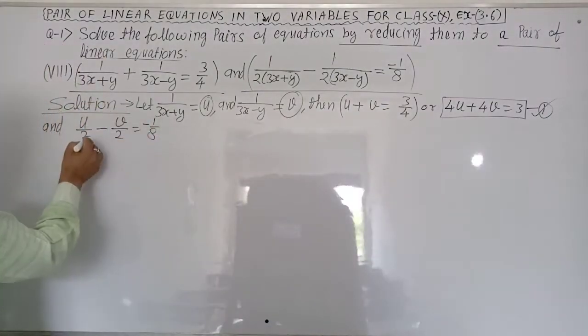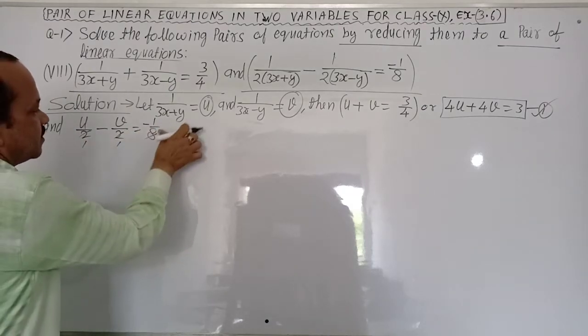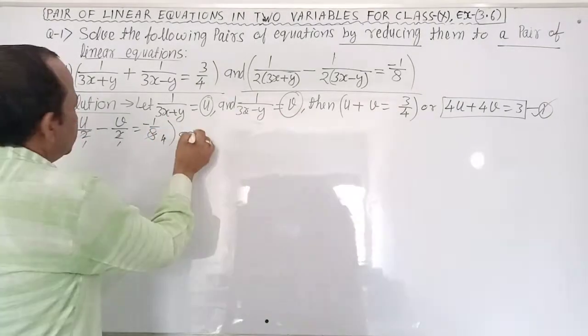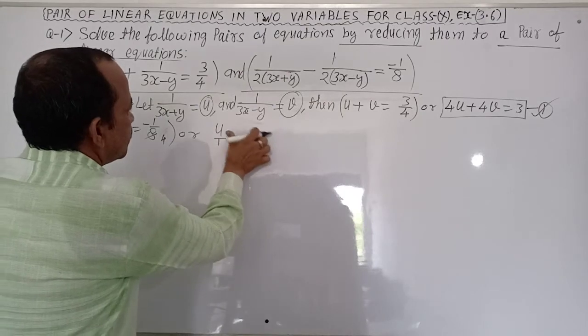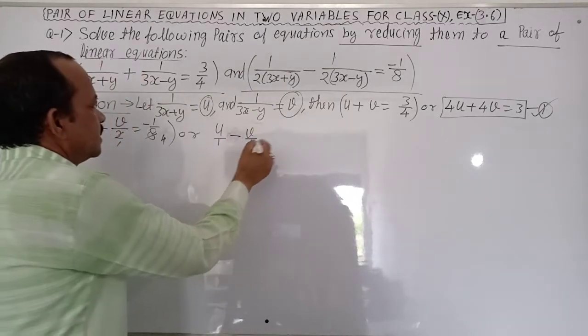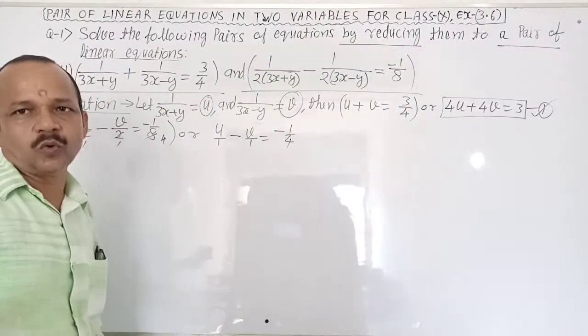You cut it: 2 ones are 2, 2 fours are 8... so u by 1 minus v by 1 equal to minus 1 by 4.